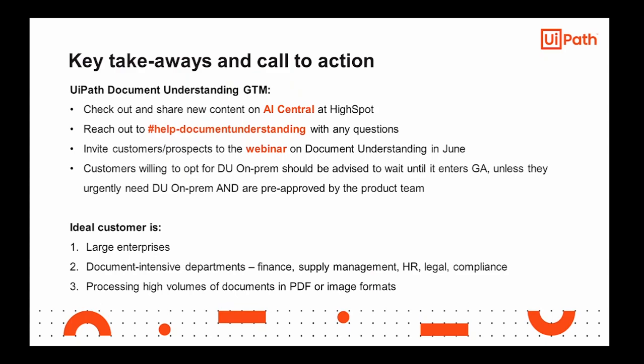And remember to invite customers or prospects to the webinar on document understanding in June. It's also crucial to remember that document understanding on-prem is still in limited availability. In this case, customers willing to use the on-prem version should be advised to wait until it enters GA. Exceptions will be made only for customers for whom this can become a deal breaker and if they are pre-approved by the product team.